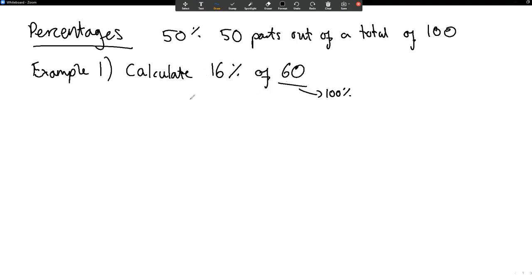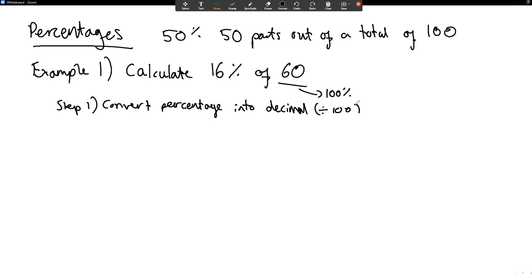So step 1 would be to convert the percentage into a decimal. You can also convert it into a fraction, but I find decimals easier. And to do that, you just divide by 100. So 16 divided by 100 is equal to 0.16, like so.